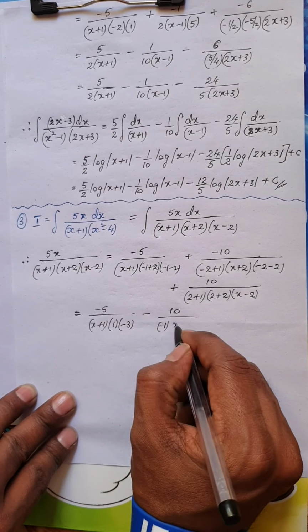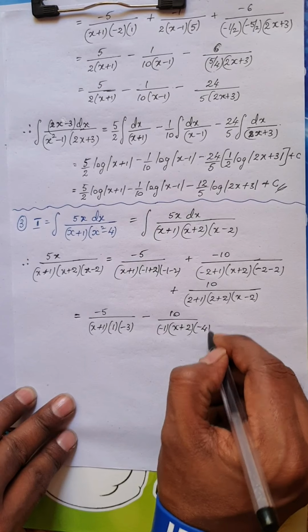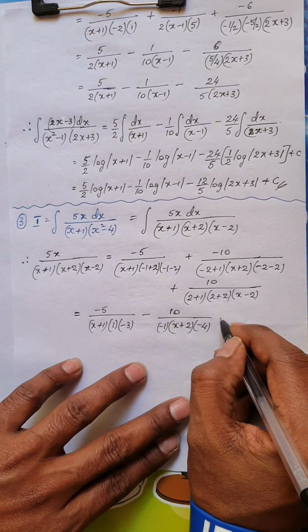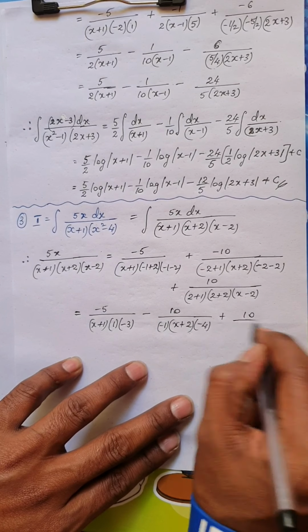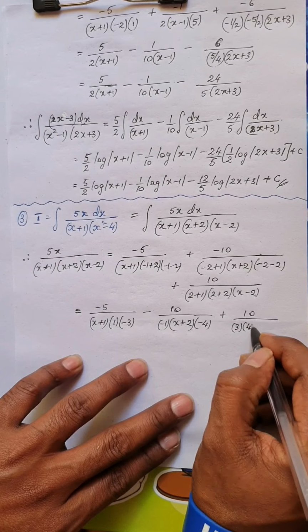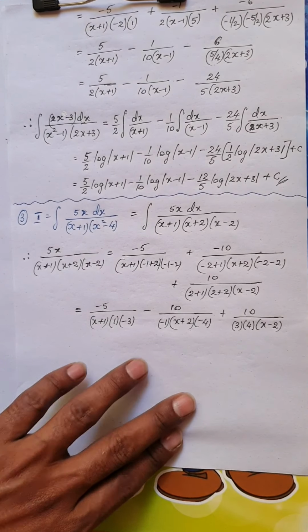Okay. And this is x plus 2 written as it is and minus 2 is nothing but minus 4. Okay. So the last factor is plus 10 divided by 2 plus 1 is actually 3 and 2 plus 2 is 4 and this factor remains as it is x minus 2.